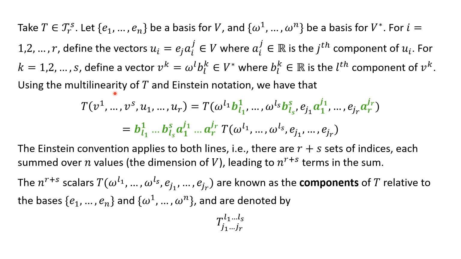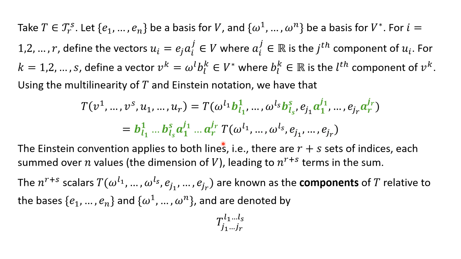From the multilinear property of T, you can pull all these out, which I've done here. So this is just the product of a bunch of scalars. And then what you have left is just the tensor T evaluated at these particular basis elements.